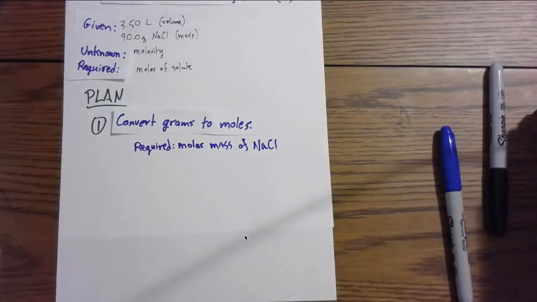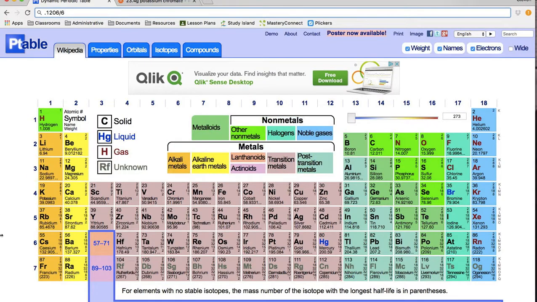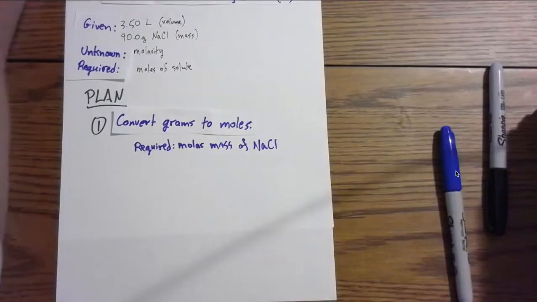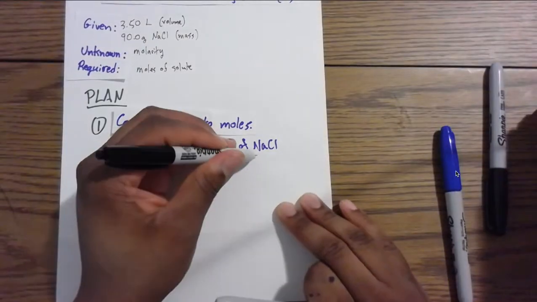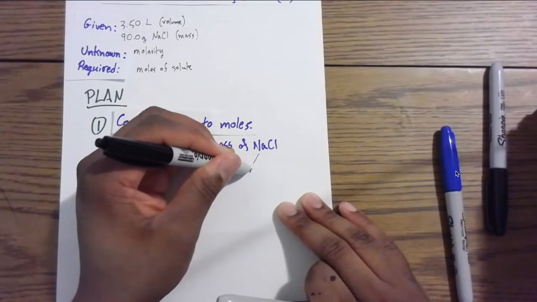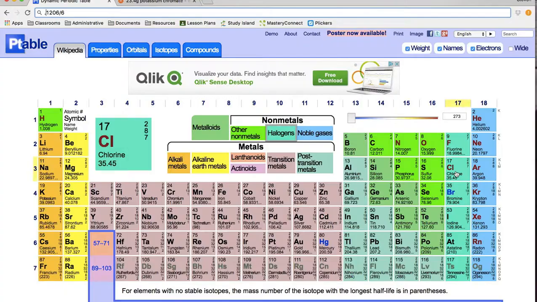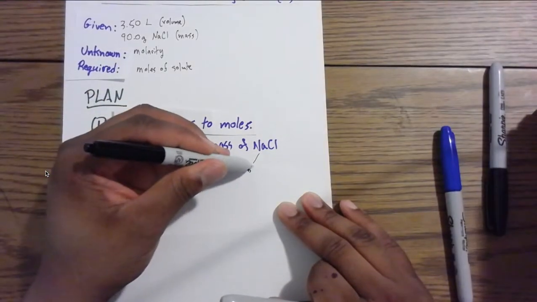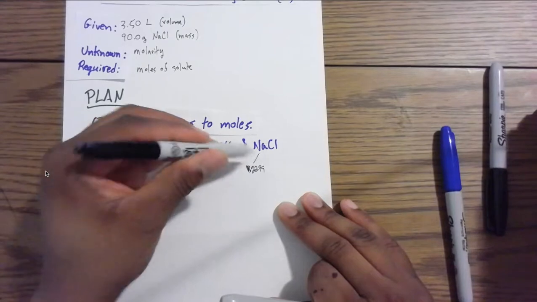Looking at the periodic table, our molar mass of sodium is 39, no, wrong. Sodium is Na, 22.99 for sodium.